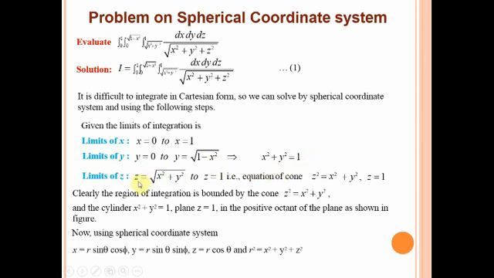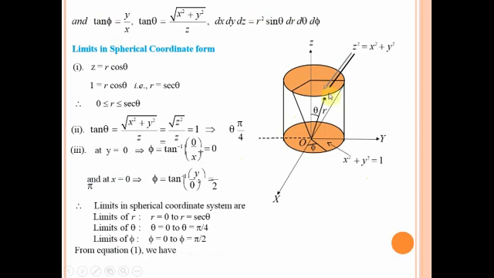And for z it is from square root of x square plus y square to 1. That is the equation of the cone, z square is equal to x square plus y square, with z is 1. So if we put these values, this will be the diagram of the whole problem, a cone type of structure.